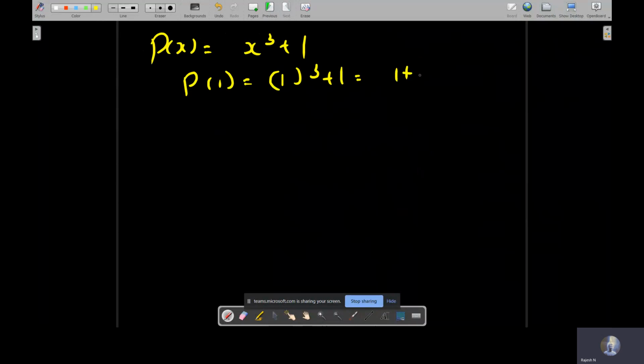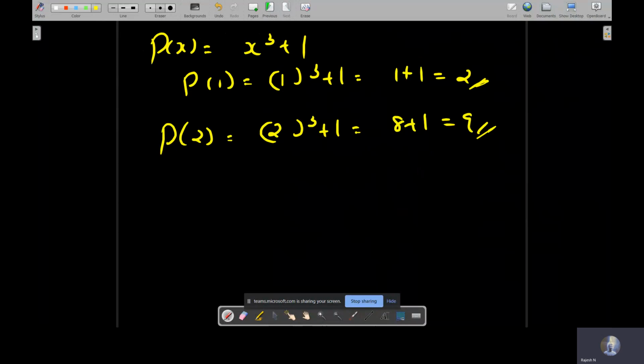The same way, p of x is equal to x cube plus 1. What is p of 1? P of 1 is 1 cube plus 1. 1 cube is 1, 1 plus 1 is 2. That is a value of the polynomial. Similarly, p of 2 is 2 cube plus 1, which is 8 plus 1, 9.